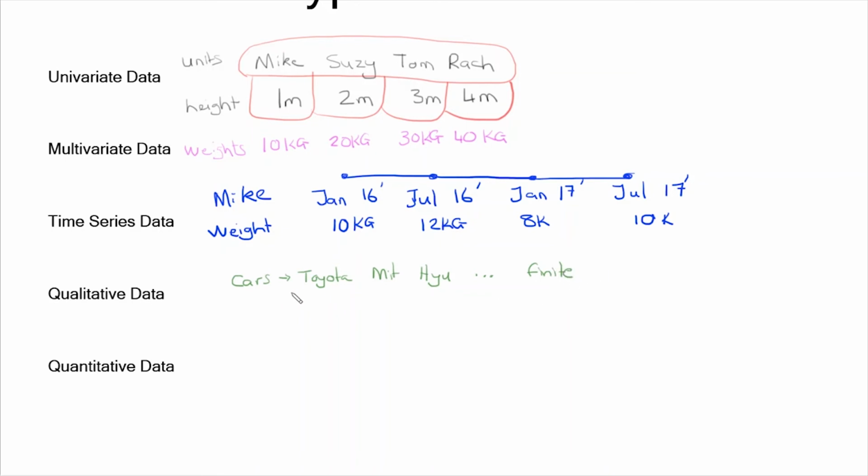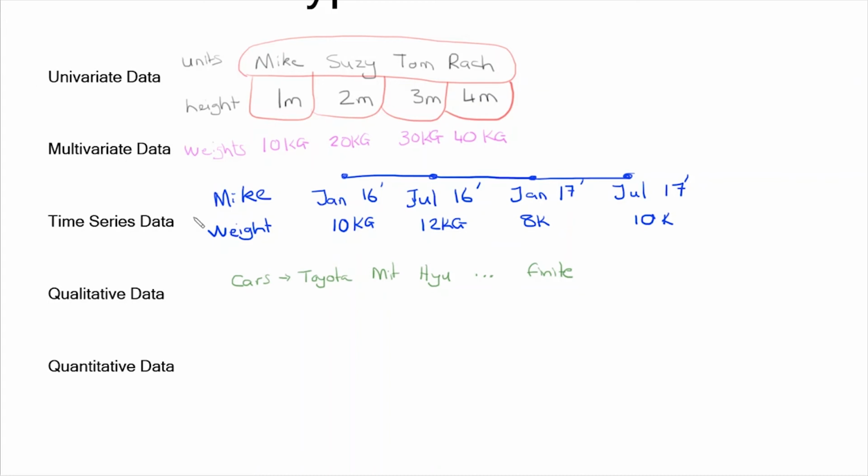This is because there aren't an infinite number of cars, in the same way that there aren't an infinite number of varieties of wine or of flowers. There's a finite amount. Eventually, you can list everything.